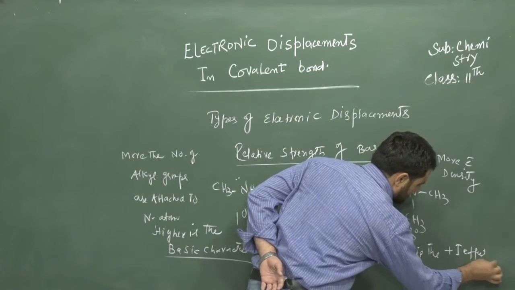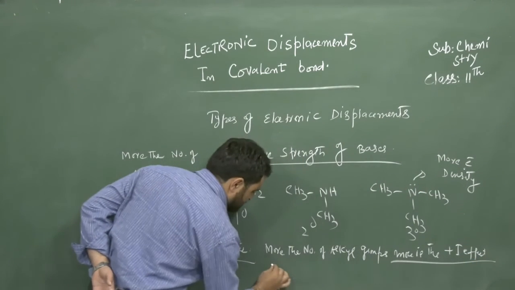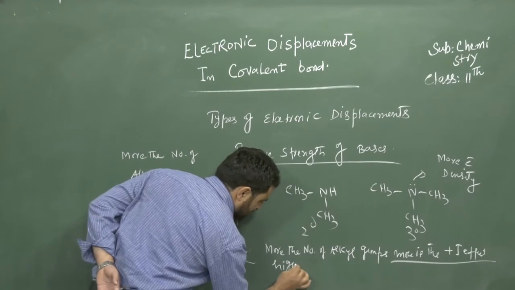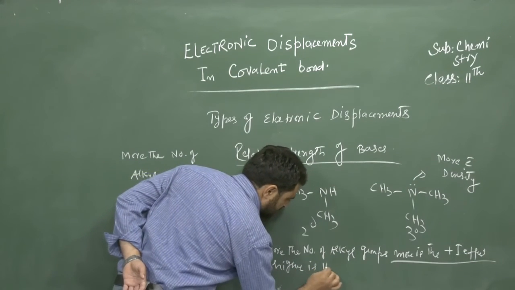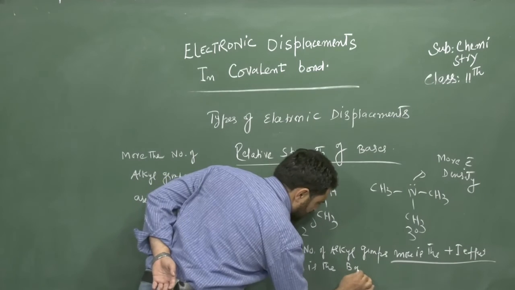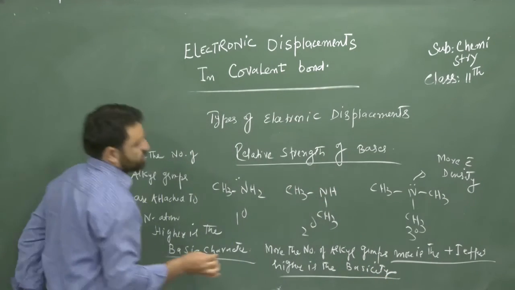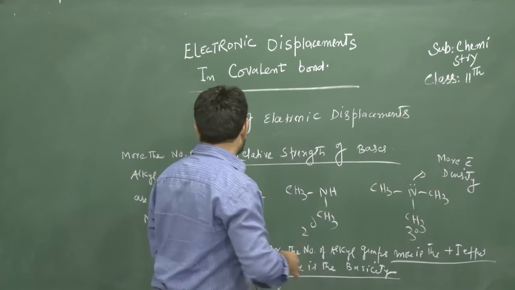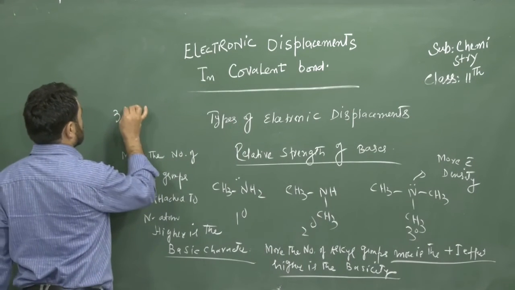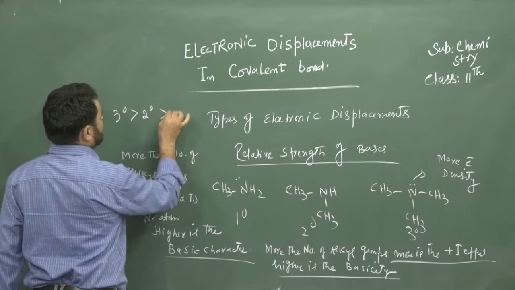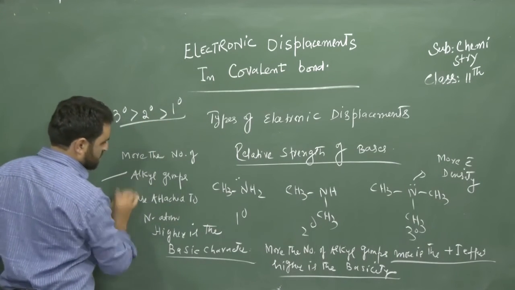When the plus I effect is more, the basicity is higher. So the relative order is 3 degree, 2 degree, 1 degree, on the basis of this concept.